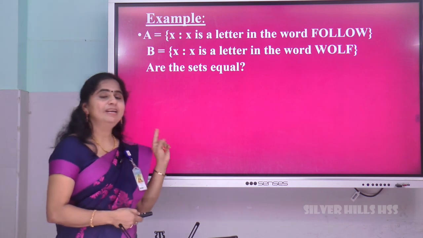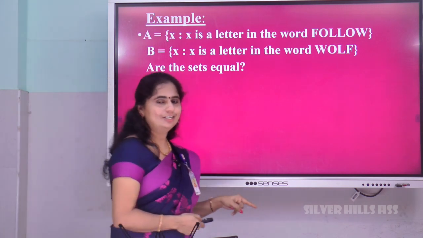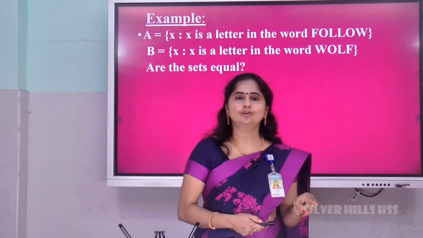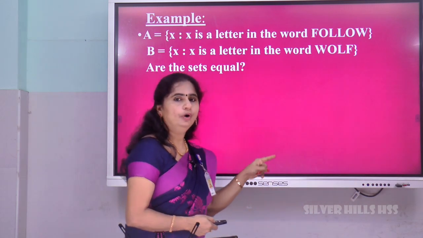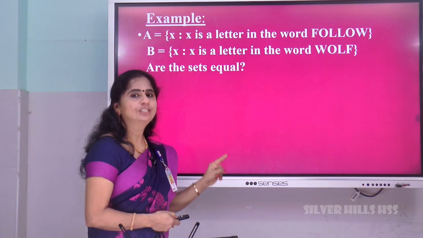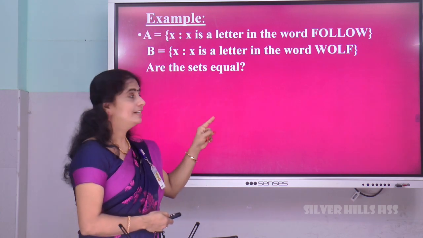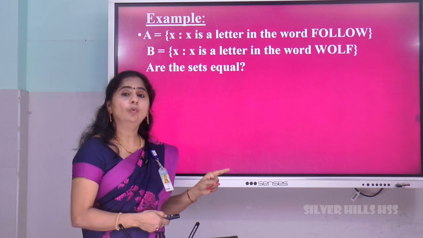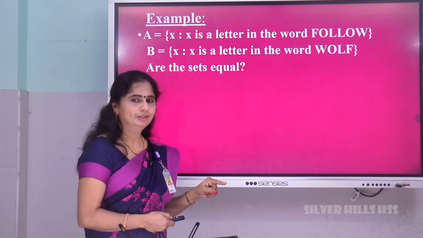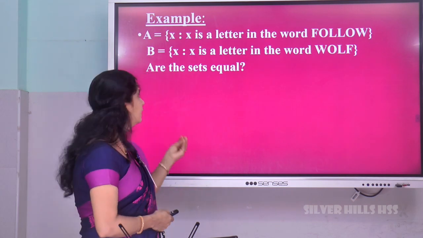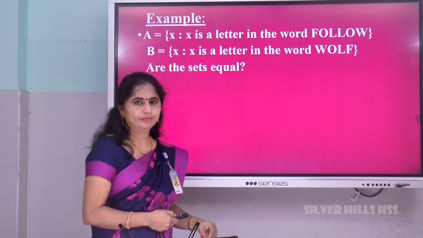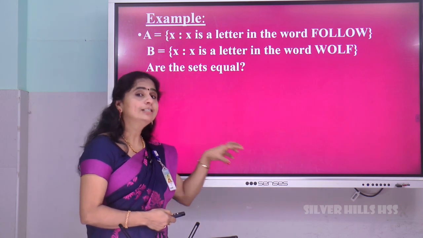Let A be a set of all x such that x is a letter of the word follow, F-O-L-L-O-W. B is a set of all x such that x is a letter in the word wolf, W-O-L-F. We are asked to check whether A is equal to B. So let's list down the elements.